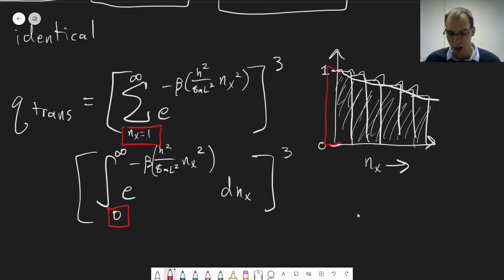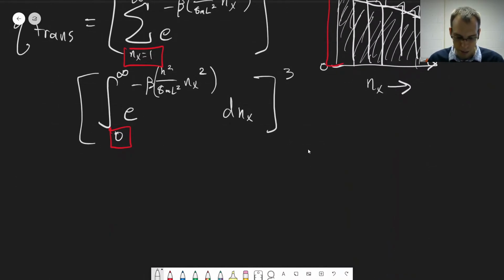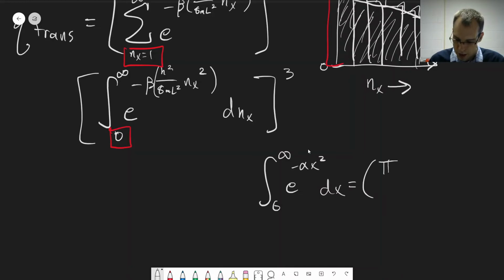But there's a lot of these terms, this goes to infinity, and so this makes a very, very small difference to the final value of this integral. And so we can go ahead and make this approximation, take our sum, approximate it as an integral, and solve it. This Gaussian function we can look up in a table. The integral from 0 to infinity of e to the minus alpha x squared dx is equal to one half of pi over alpha raised to the 1/2 power. So this is just a known solution for this style of integral.